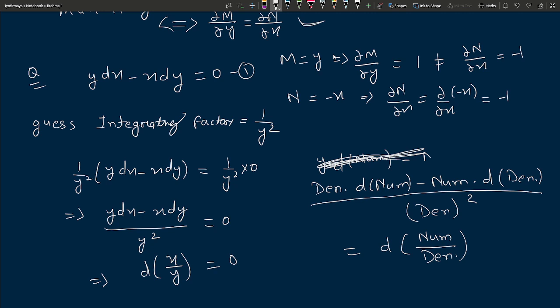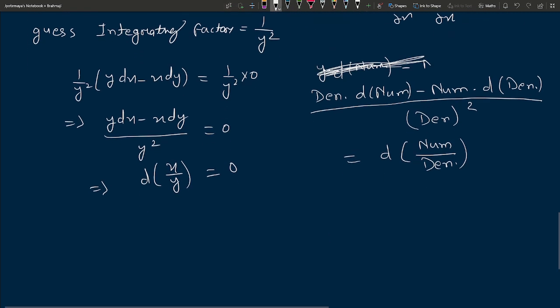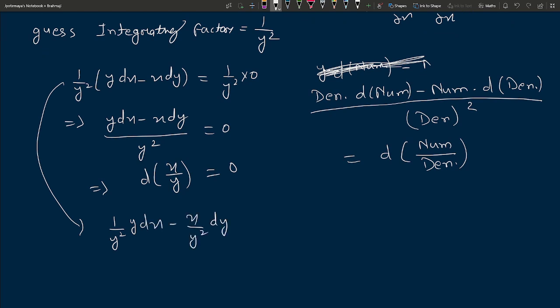So now see, this was not exact, but now it becomes exact. You can easily verify this by writing it separately as 1 by y square into y dx minus x by y square dy equals 0. So here 1 by y dx minus x by y square dy is equal to 0.